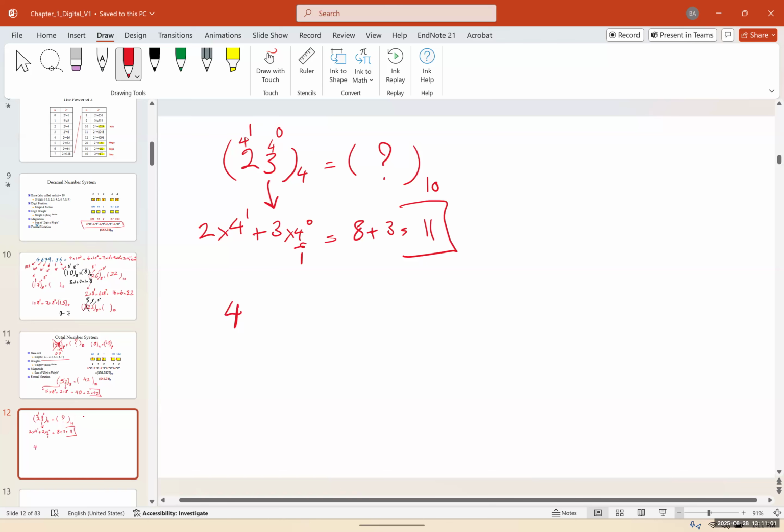43.5 in base 5. We want to convert this to base 10. So the positions are 1, 0, -1: 5 to the power of -1, 5 to the power of 0, 5 to the power of 1.